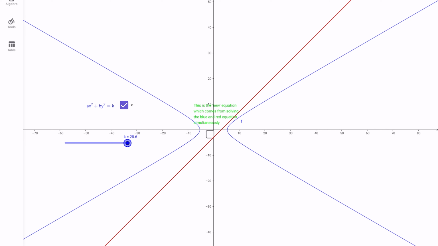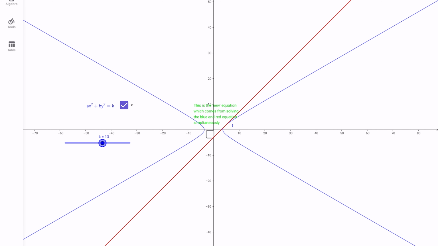If I look at this graphically, you can see that the red straight line and the blue curve are not meeting at this point where k is equal to 28.6. So let's make k smaller. It's still not meeting, and I think as we get closer and closer to 13.5, it should meet.